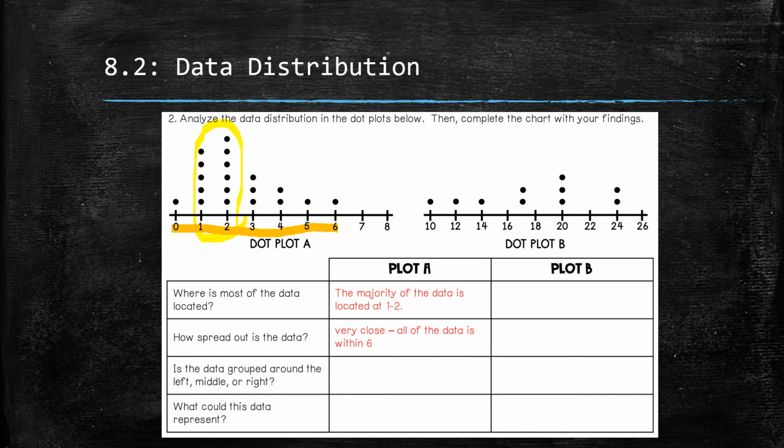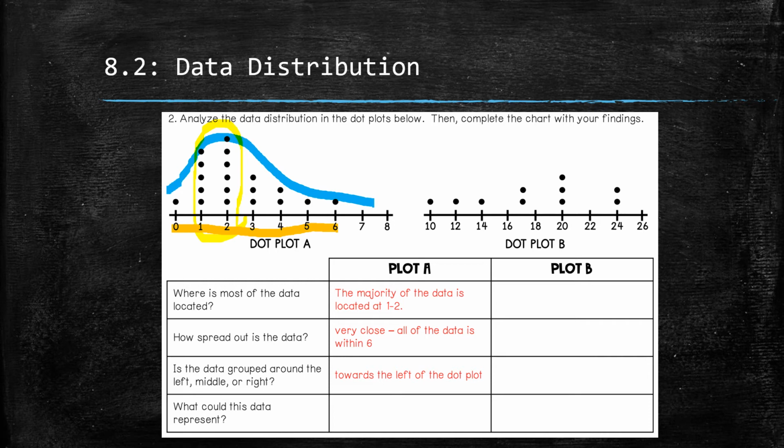Is the data grouped around the left, the middle, or the right? So when I draw my bell curve, give me that extra little visual support, I can see that the majority of it is on the left side, so my data is considered skewed right. So notice that I put it's on the left, but it's called skewed right.